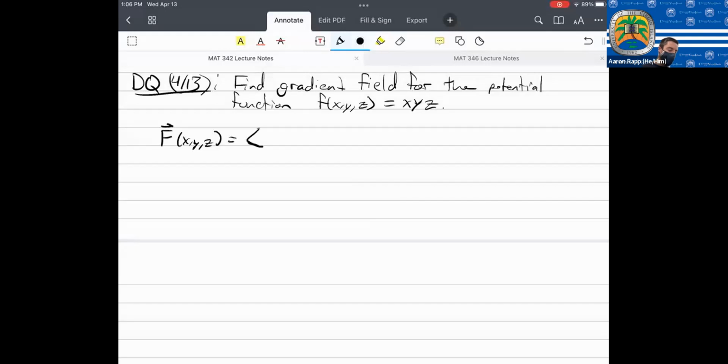So what's the derivative of that function f with respect to x? yz. What's the derivative with respect to y? What's the derivative with respect to z? There's your gradient field. Any questions?